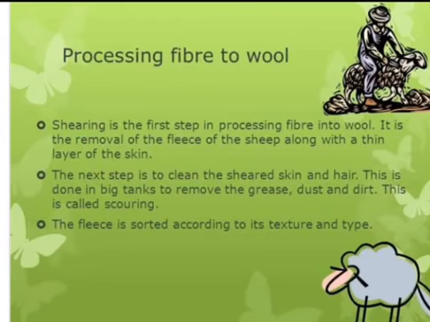It is the removal of the fleece of the sheep along with a thin layer of the skin. Fleece means hairs. In this step, people remove the sheep's hair along with a layer of the sheep's skin, and this is the first step for processing fiber to wool.